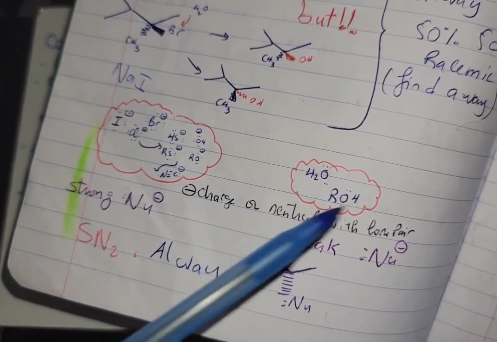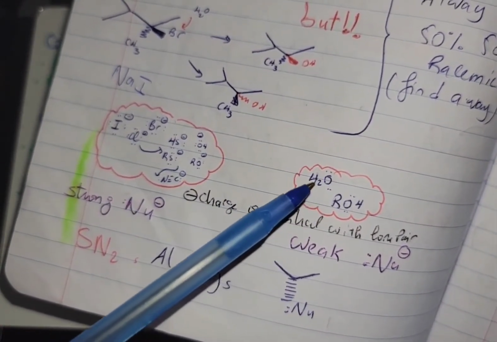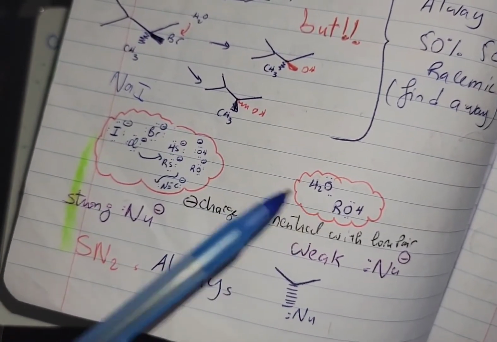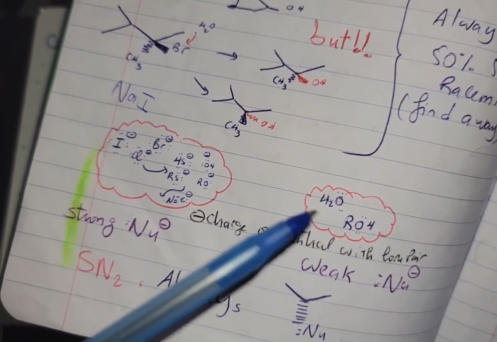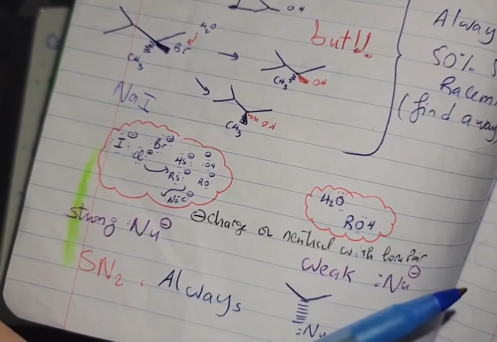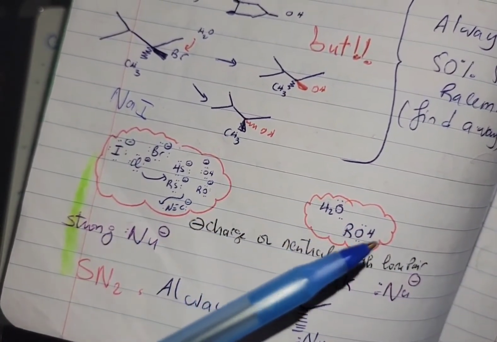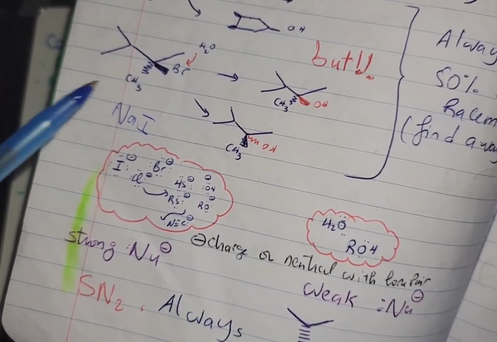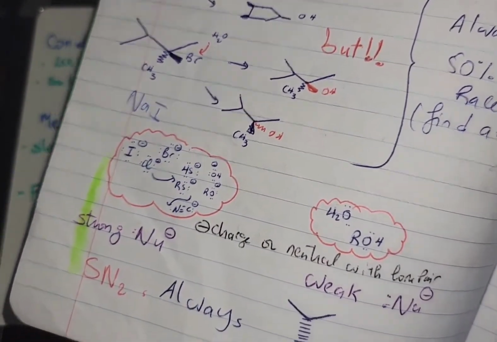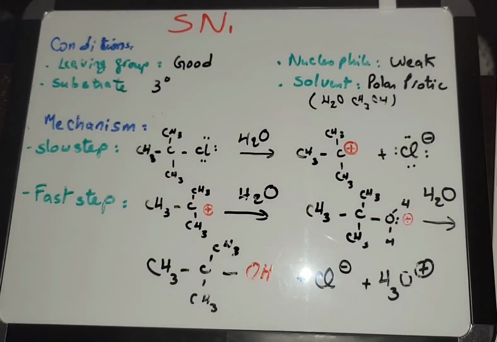The only weak nucleophiles that we usually use in organic chemistry are H2O and alcohols like CH3CH2OH, or CH3CH2CH2OH, and so on. So these are the weak nucleophiles, and these are the good, strong nucleophiles.